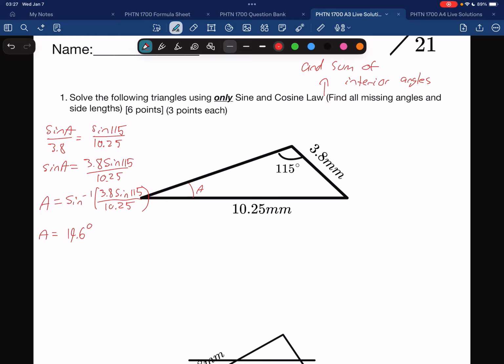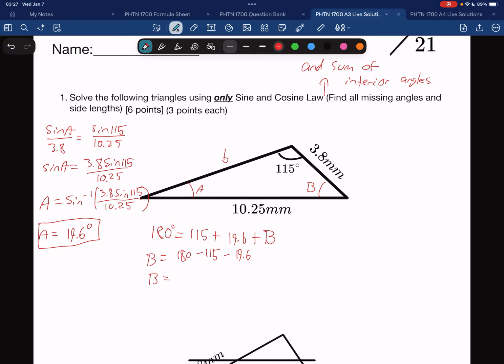Now, as covered in class and in the bonus question of assignment 2's video, we will end up using the sum of interior angles here. So we know that 180 degrees is equal to all the angles added up inside here. So that's going to be 115 plus angle A, which is our 19.6, plus angle B, that last missing angle there. So angle B is equal to 180 minus 115 minus 19.6.